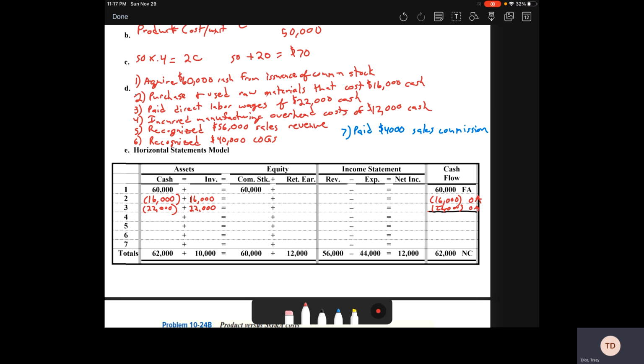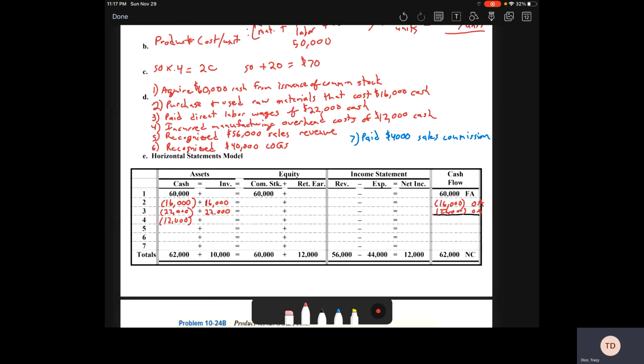Number 4, we incur the manufacturing overhead costs. So we have to pay that overhead. That again takes our cash flow down for an operating activity. And it's going to go into our inventory because all of those 3 costs are what our inventory cost us.